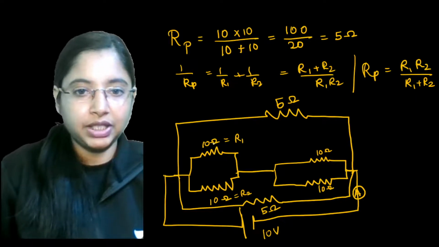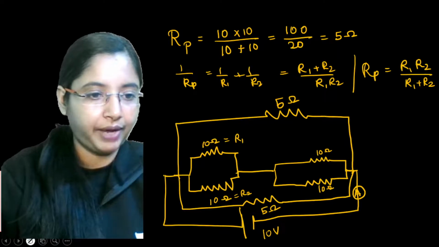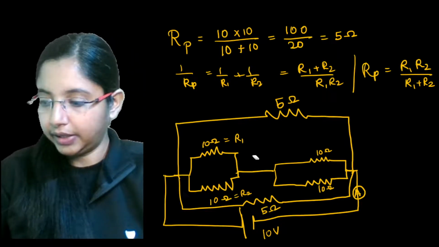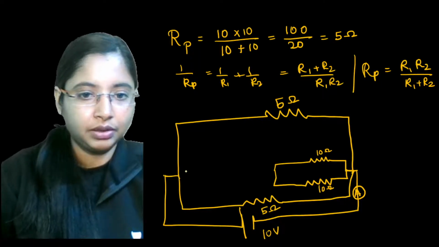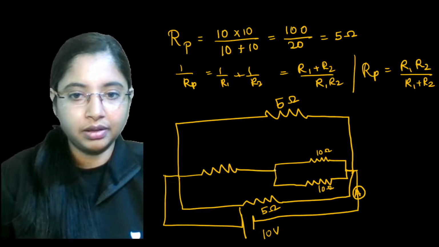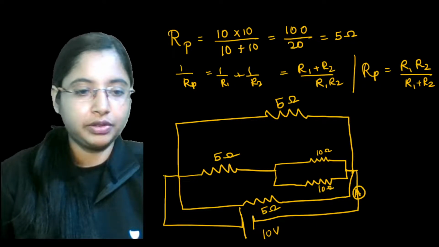So instead of using these two 10 ohm resistors, we can use one single 5 ohm resistor, right? So for these two resistors, instead of these two of them, we can simply use one 5 ohm resistor. Similarly, this side also is 10 ohms, right?